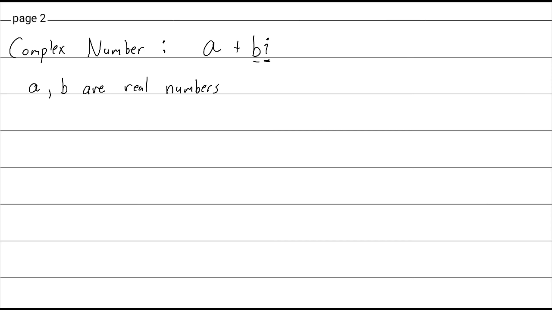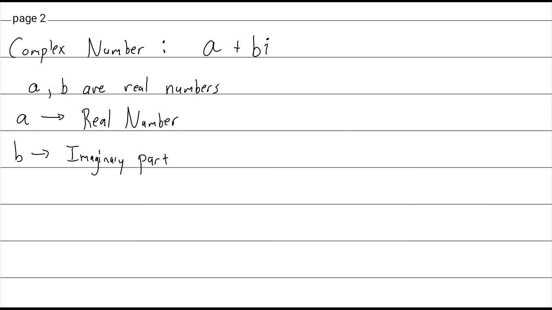So there's a real part. A is called the real part of the complex number, and b is the imaginary part. I just said part and wrote the word number, but I meant part.